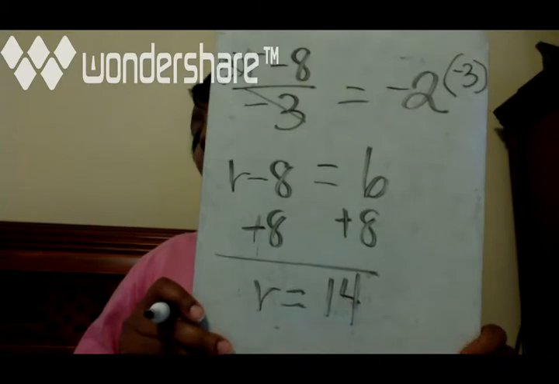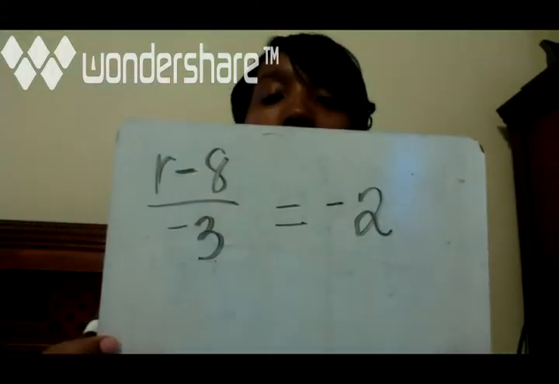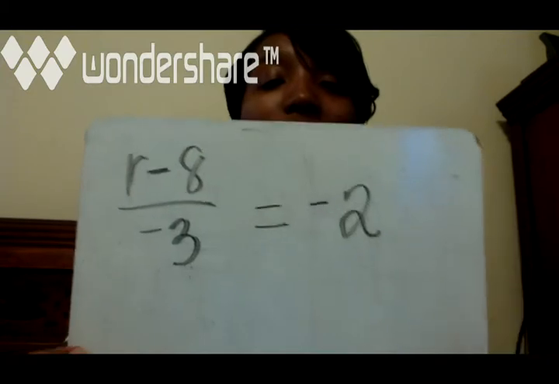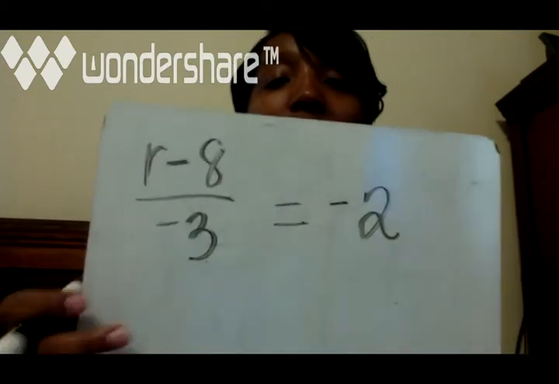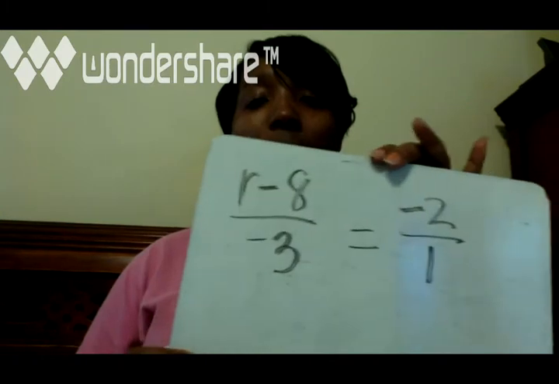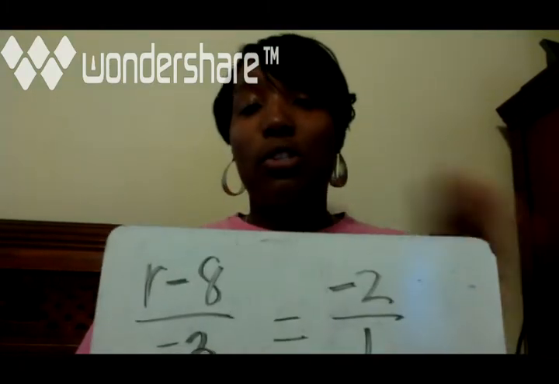But let me show you another way. Sometimes it's easier for you to understand if I do it this way. If I have a fraction on this side, then we can make this negative 2 a fraction by putting it over 1. We can make any whole number a fraction by putting it over 1. Now what I need to do is cross multiply.